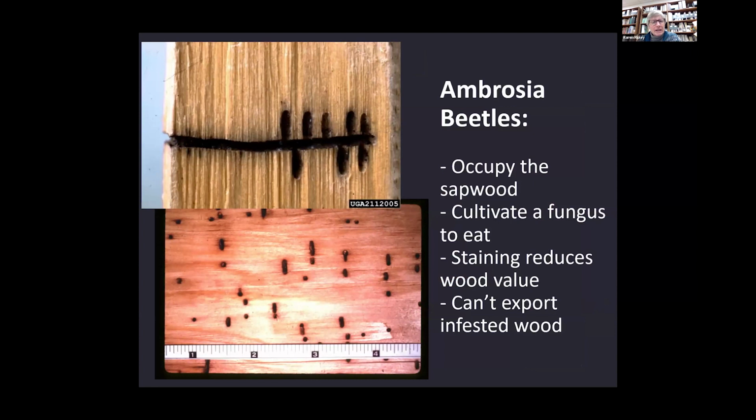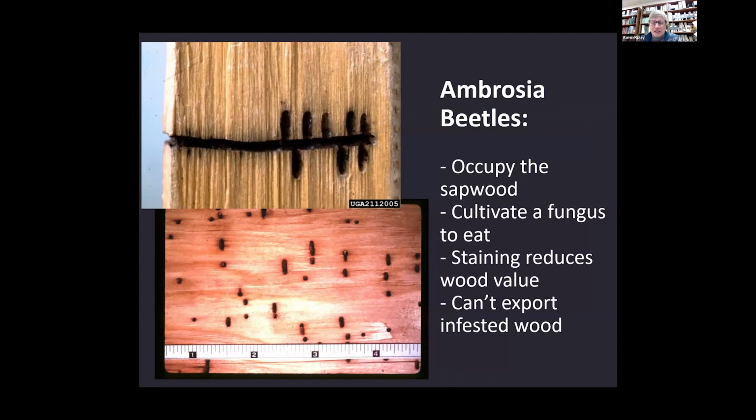And so the picture on the top, if the bark is on the left side, the bark's fallen off, but the tunnel goes straight into the sapwood. They don't mess around with the bark or the phloem, just straight into the sapwood. And they don't penetrate into the heartwood, which is inactive interior to the sapwood.